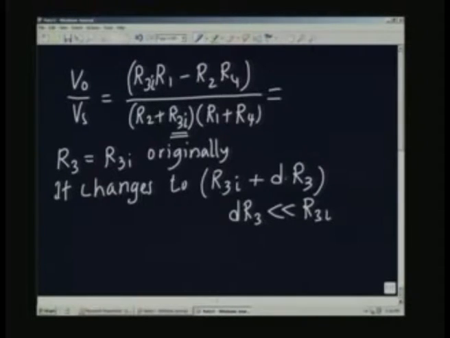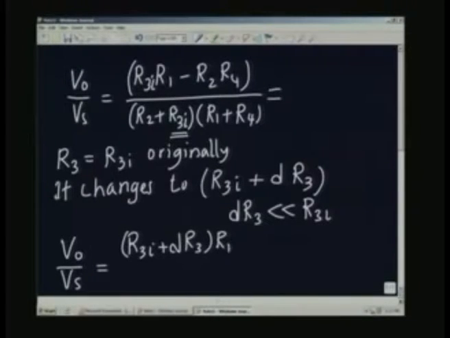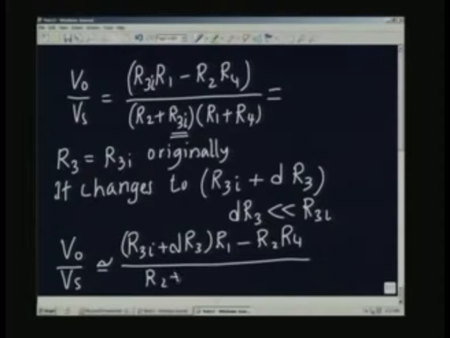What I am going to do is change R3I to R3I plus dR3. So, I will write the expression V0 by Vs approximately equal to (R3I plus dR3) multiplied by R1 minus R2 R4, divided by (R2 plus R3I) multiplied by (R1 plus R4).